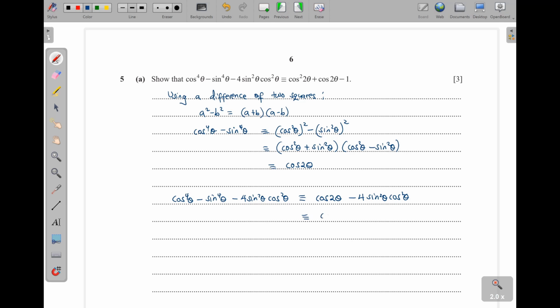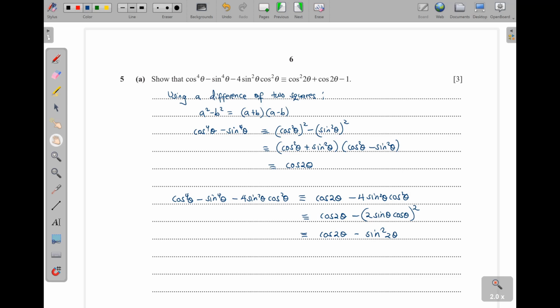But also here we can see that this one is the same as 2 sine theta cos theta. There is a double angle for sine here, squared. So this one is a perfect square, and this one here. So that means I'm going to have cos 2 theta, and this is the double angle for sine. So minus sine squared 2 theta.